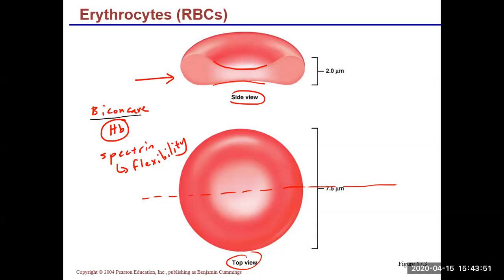So again, more chance of exchanging gases back and forth, because they have a lot of surface area compared to the volume that they're holding. If it was spherical, you would have less surface area compared to the volume that they're holding. The volume is going to be a lot more, obviously.